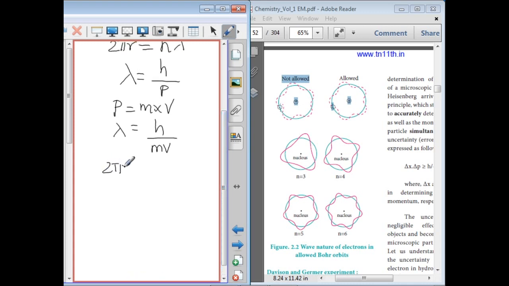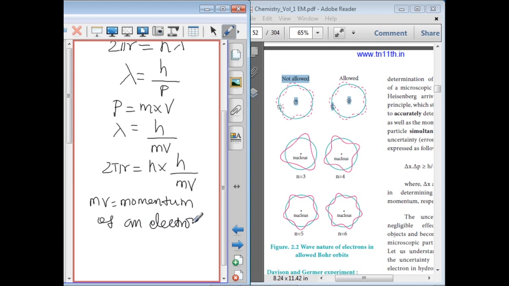So 2 pi r equal to n into h by m into v, where mv is the momentum of an electron in the nth orbit.